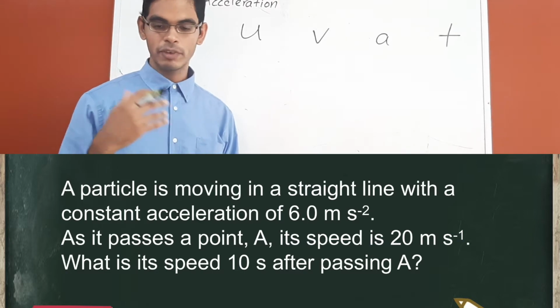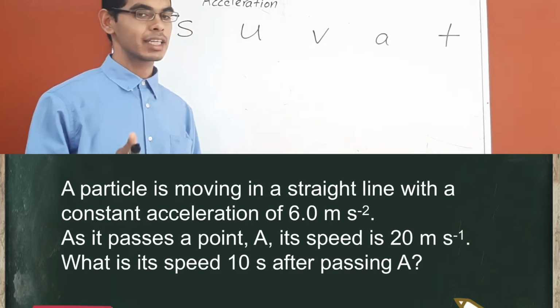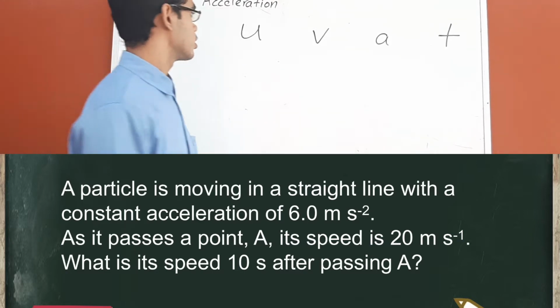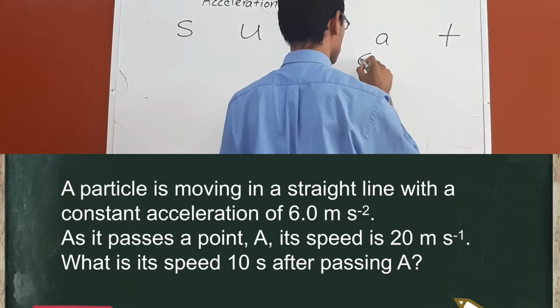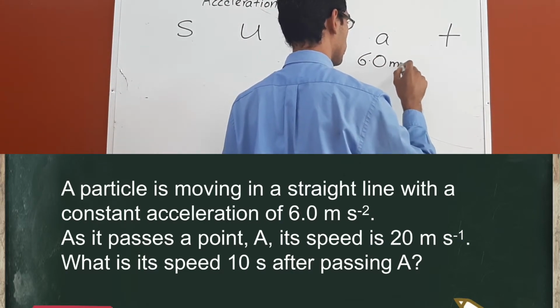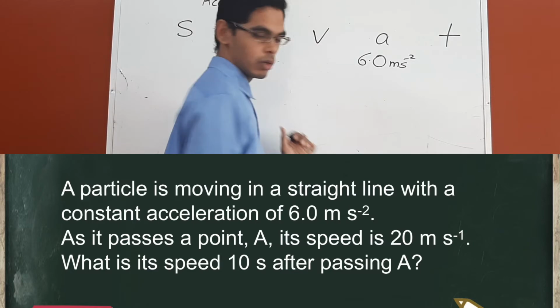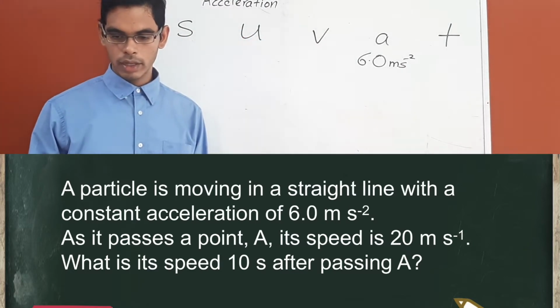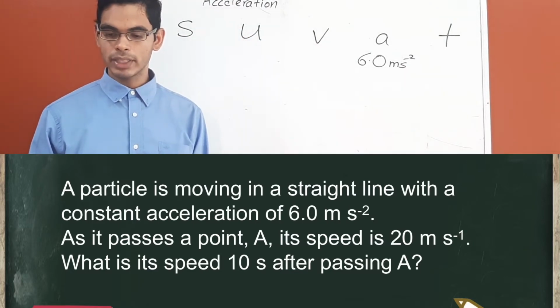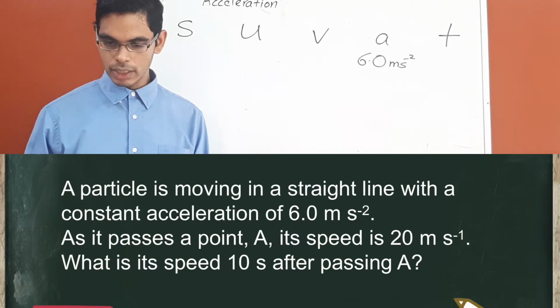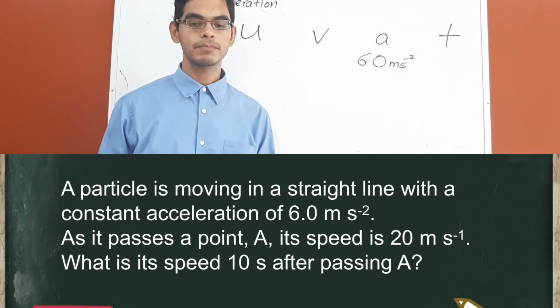So, particle moving in straight line, constant acceleration of 6.0 meters per second square. Okay. As it passes point A, its speed is 20 meters per second.